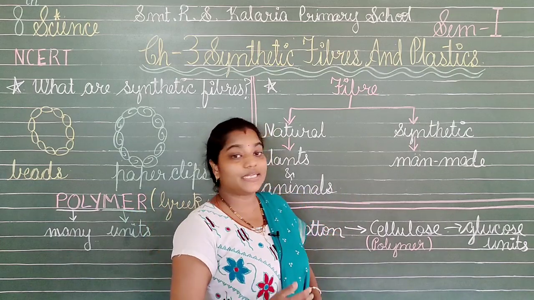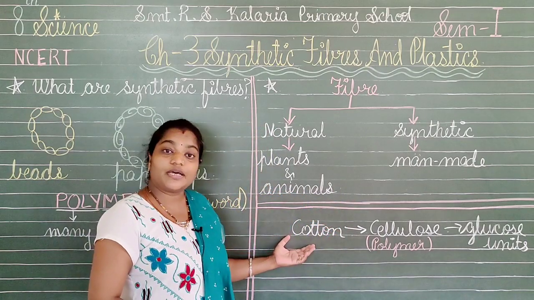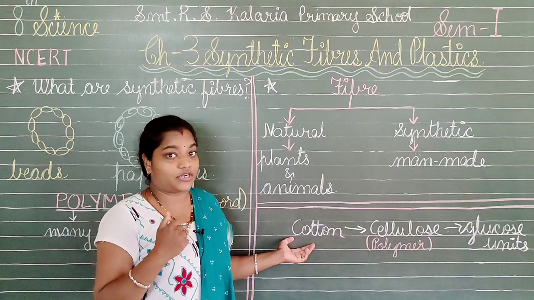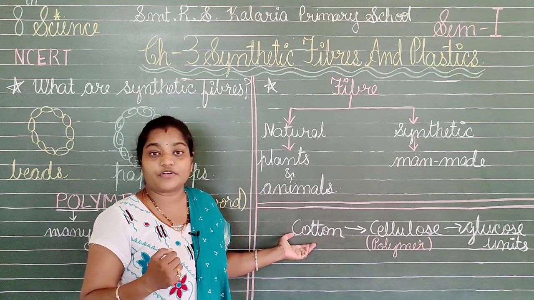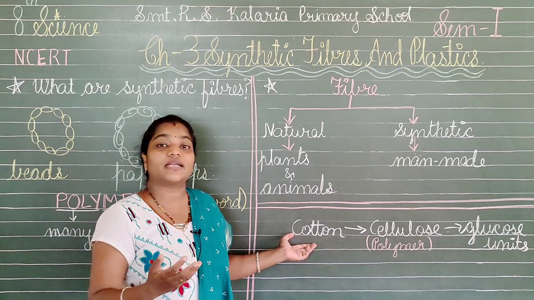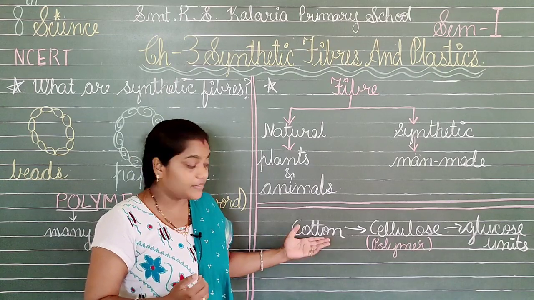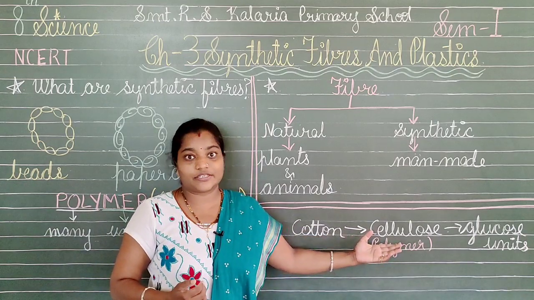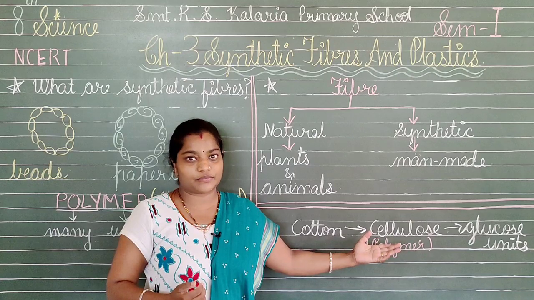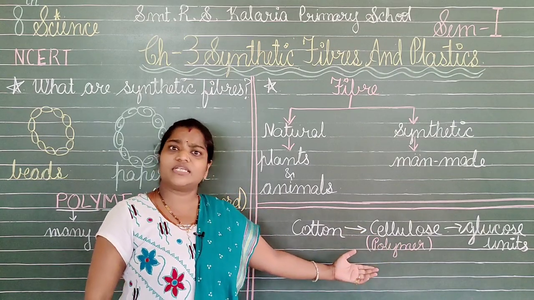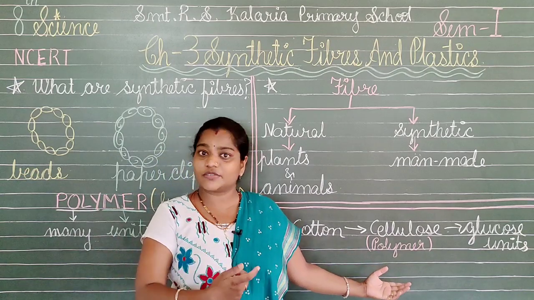So here we go with the next point. If we look at natural fibers, one example we have is cotton. Now cotton is obtained from the cotton plant, we know very well. What is the polymer over here? In cotton, we have cellulose, as natural things have cellulose. Now cellulose is the polymer. What is the unit, or the mer, in this part?